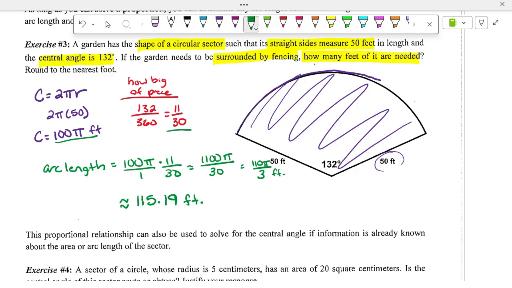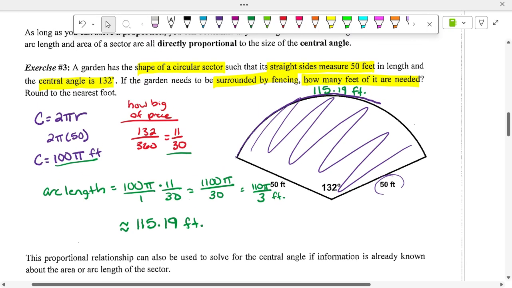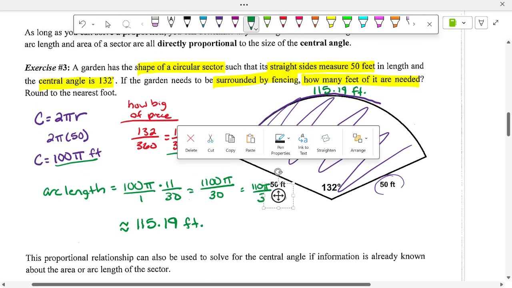So that is approximately the length of this arc up here. However, that's not quite the answer to this question. That's just a part of it. But what's it asking for? How much fencing do you need to enclose the entire sector?